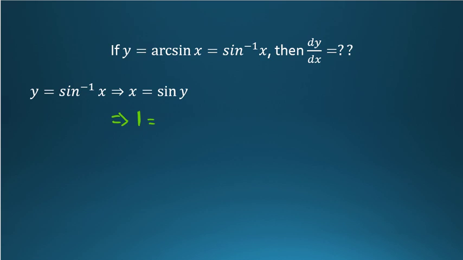Pretend it's just your average normal variable, but then multiply by dy over dx at the end. So I'm going to get a cosine of y times dy over dx. And that means that dy over dx is equal to 1 divided by the cosine of y.